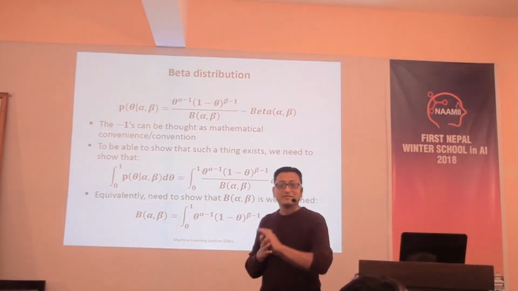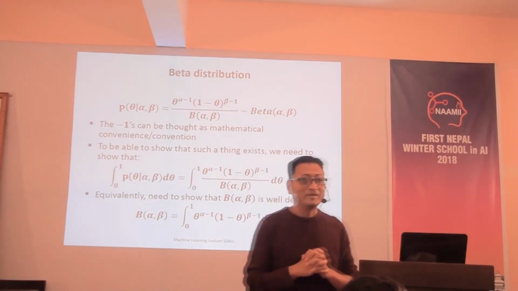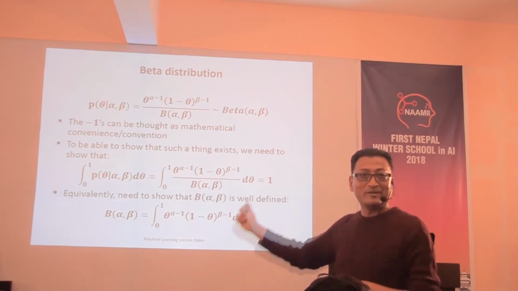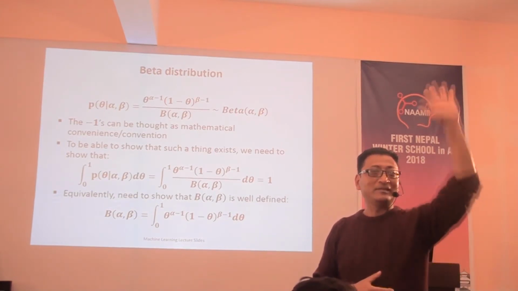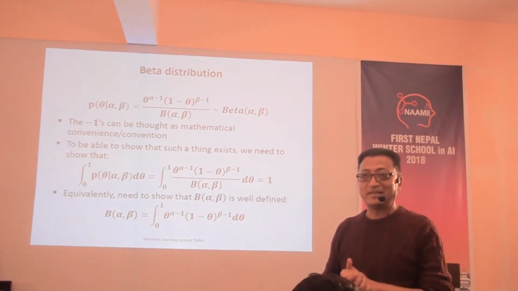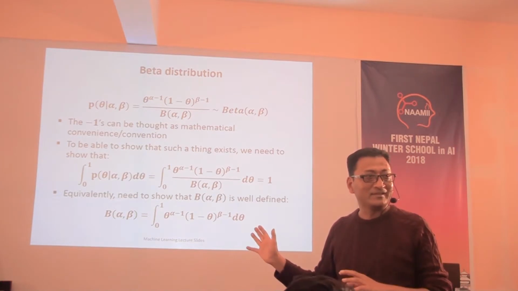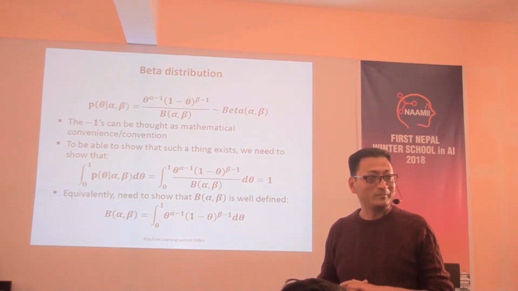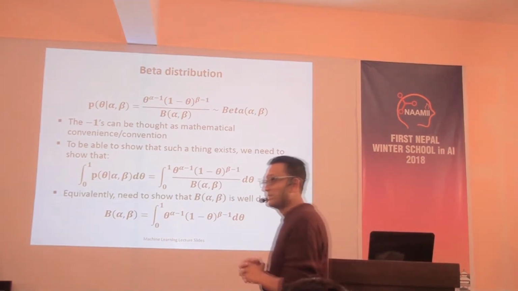Let me just see if you're sleeping or not. How many of you think there will be theta once this integration is solved? How many think that there will not be any theta? Okay, I have managed to wake more people. That's good.